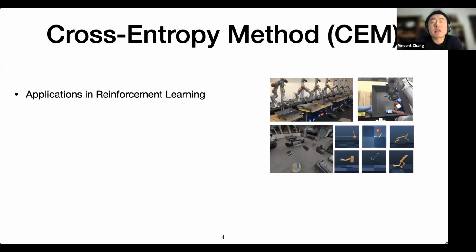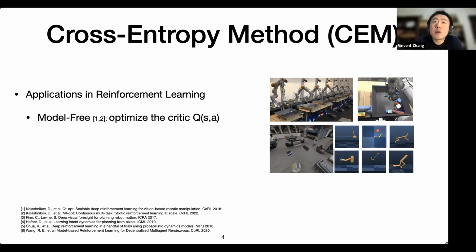Because it's an optimization method, it can find applications in reinforcement learning. First, in the model-free setting, it has been used to optimize the critic, this Q function, which is a learned function that encodes the value or the expected return you can get by taking action A in the state S and then following some often optimal policy afterward.